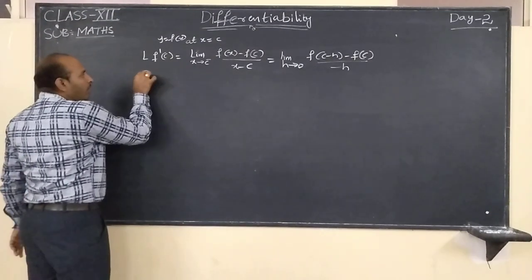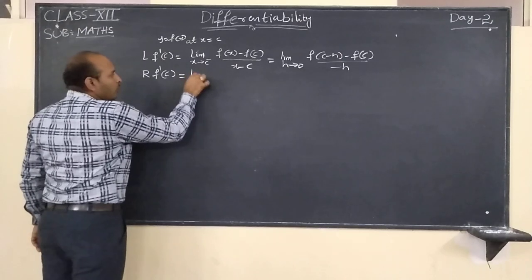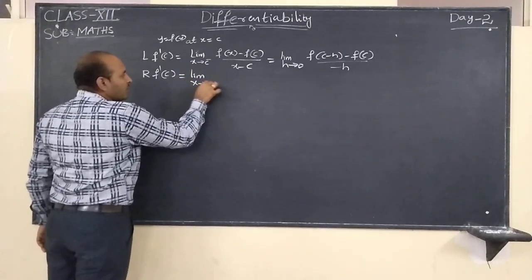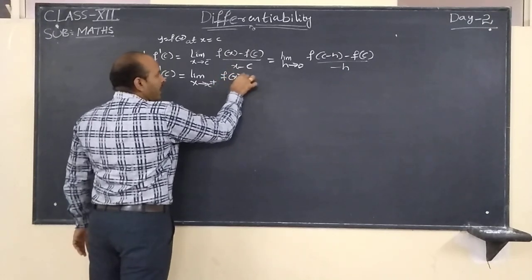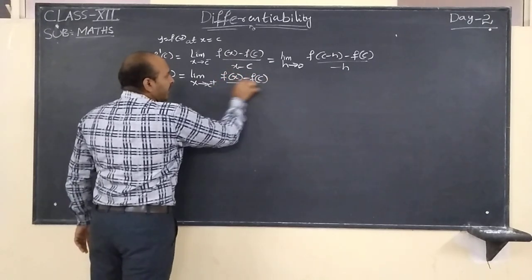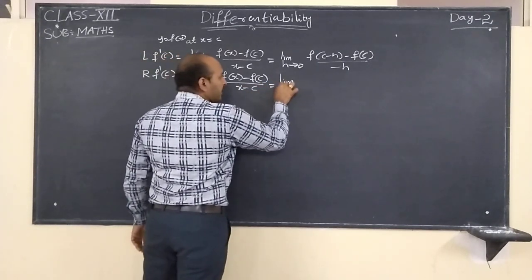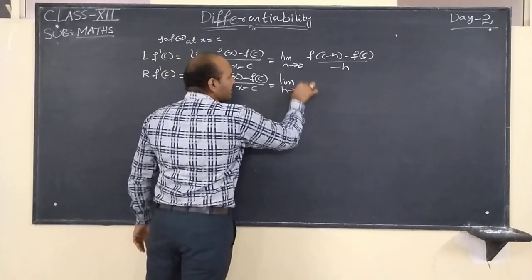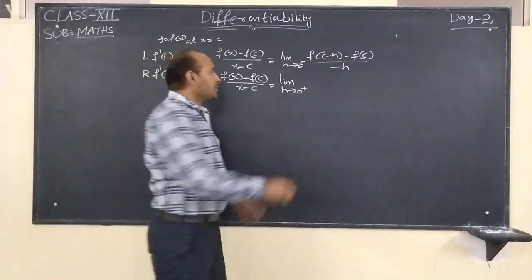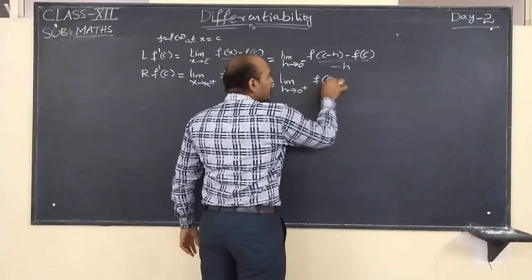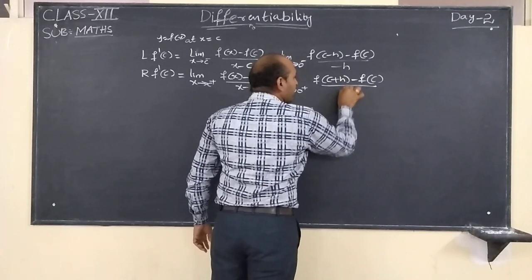Right derivative is denoted by R f dash of C, which is equal to limit x tends to C plus of f of x minus f of C divided by x minus C, which is equal to limit h tends to 0 plus, where left derivative is minus and right derivative is plus, of f of C plus h minus f of C upon h.